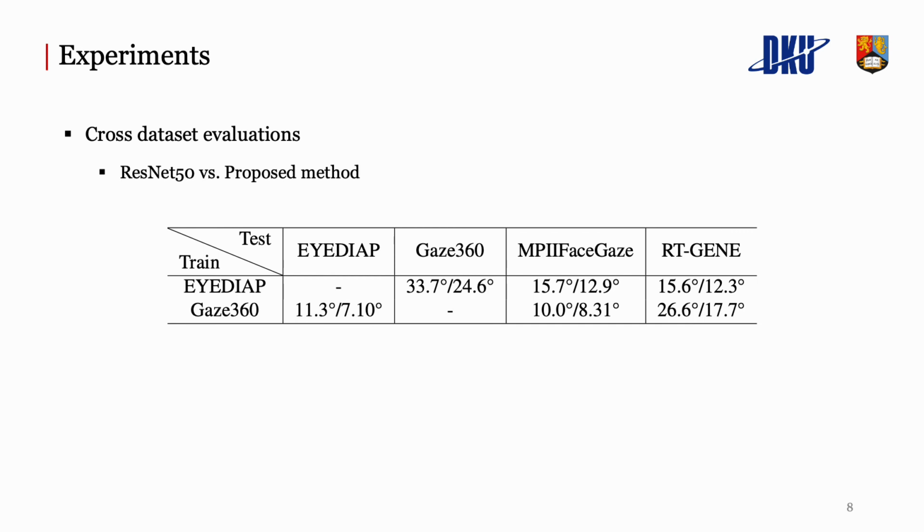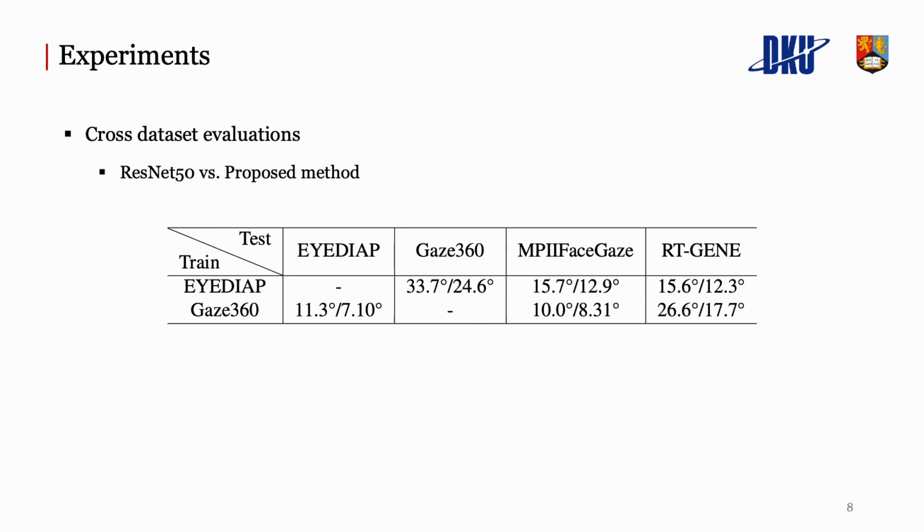We performed cross-dataset evaluation with a well-known CNN architecture, ResNet, to investigate the generalizability of the proposed method. The table shows the average angular error of the models when trained on ETH-XGaze or Gaze360 and evaluated on others. The left values are the performance of the ResNet-50, and the right values are ours.